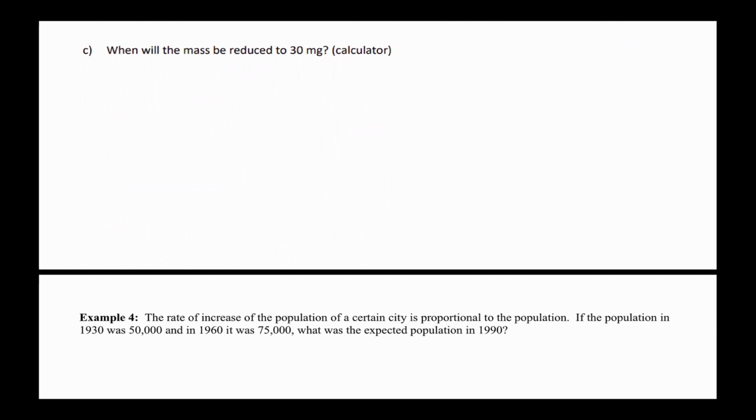Okay. When will the mass be reduced to 30 milligrams? 30 milligrams. Okay, so we're going to use our equation. Where do I plug in 30?